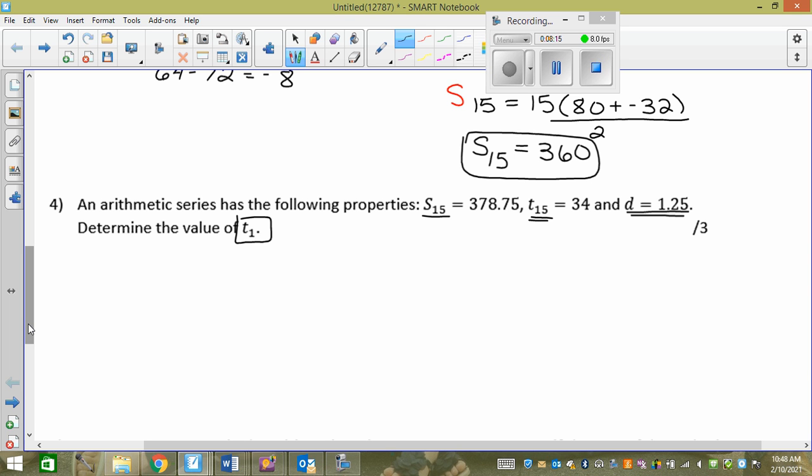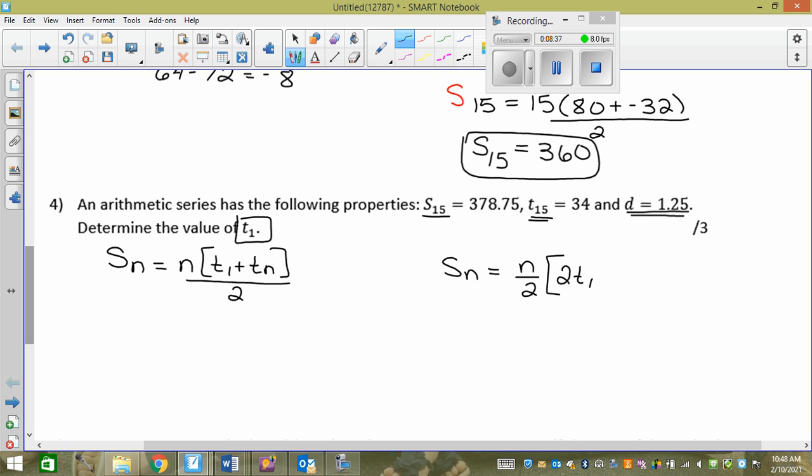Does anyone know? There are 2 S formulas, right? Let's just write them out. Sn equals n times T1 plus Tn divided by 2. Or we have Sn equals n divided by 2 bracket 2T1 plus n minus 1 d.